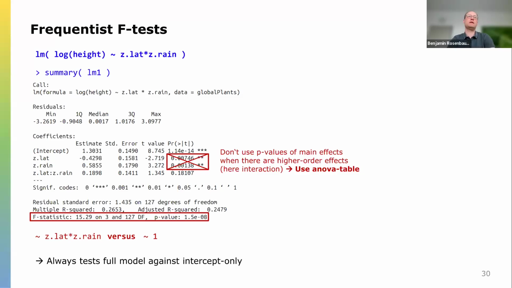However, here in this interaction model, you have these so-called main effects, and you're just testing if this main effect is 0. However, this is not very meaningful if you have this involved in a higher order interaction. So you wouldn't use the p-values of a main effect to test if you should keep this predictor in the model. This is just not a meaningful comparison.